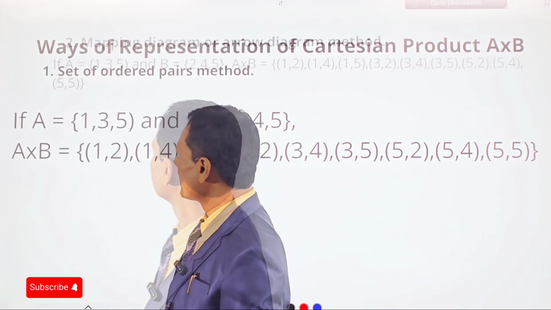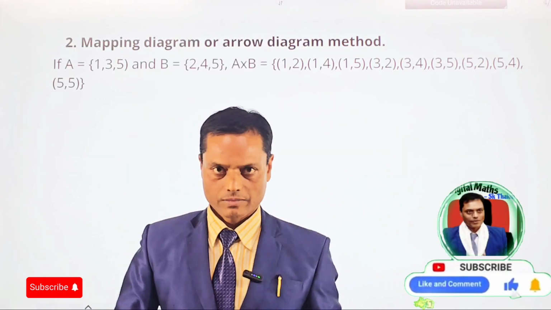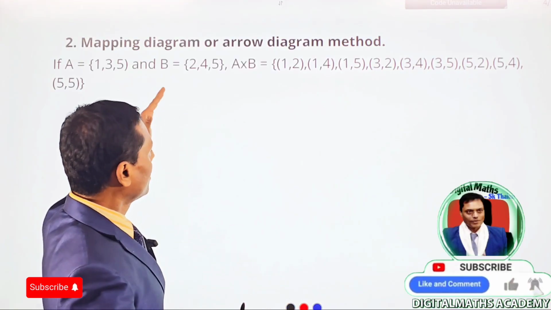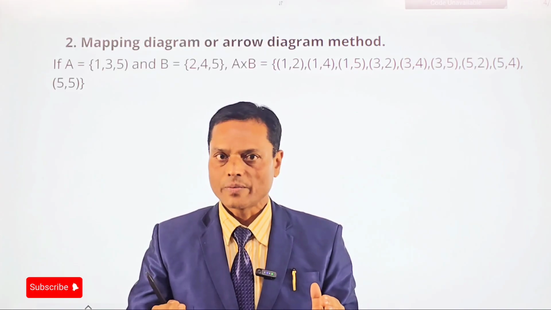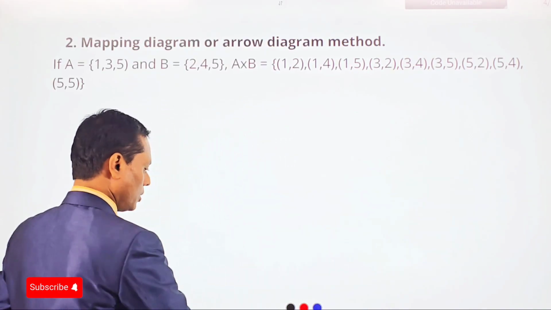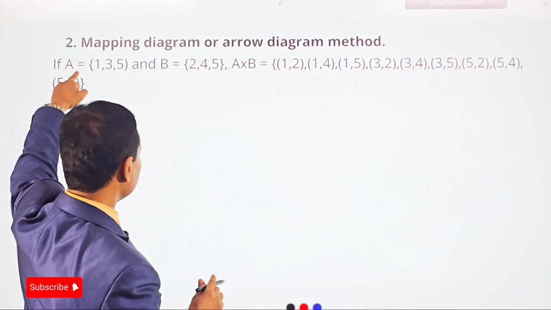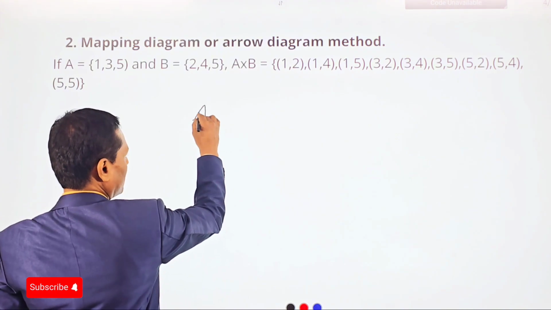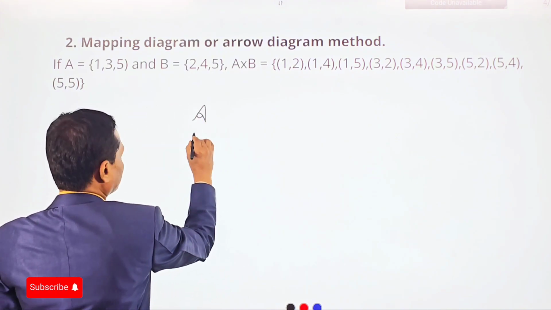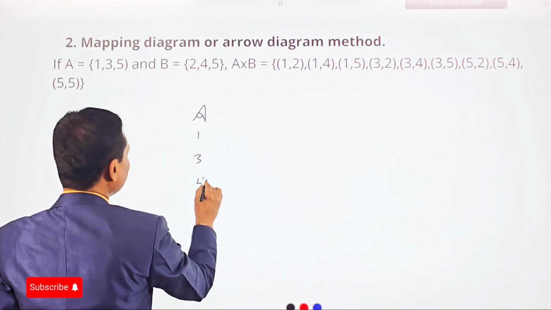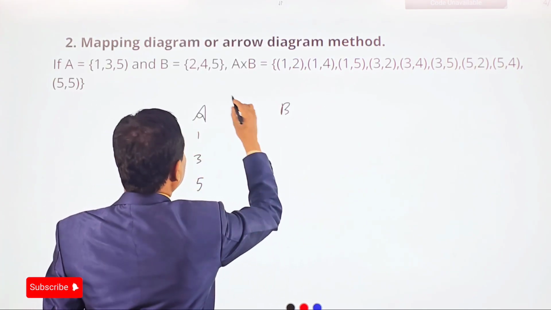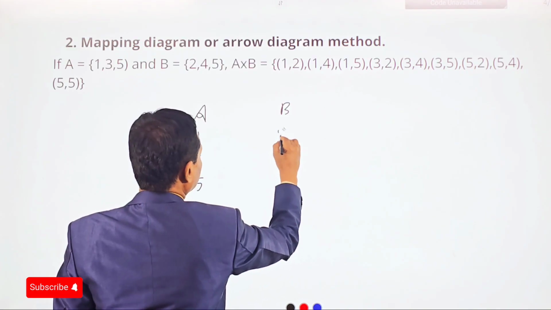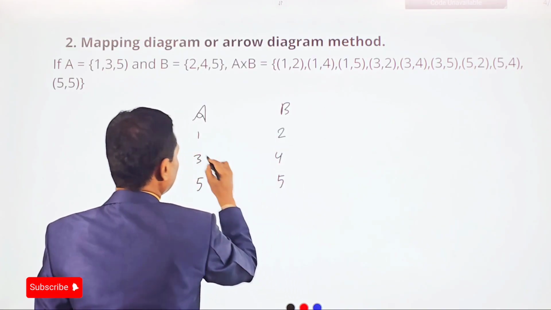The next one is the mapping diagram or arrow diagram method. How to show the Cartesian product in the mapping diagram? First of all, we write A, then all the elements of set A, that is 1, 3, 5, and for B, we write here 2, 4 and 5.